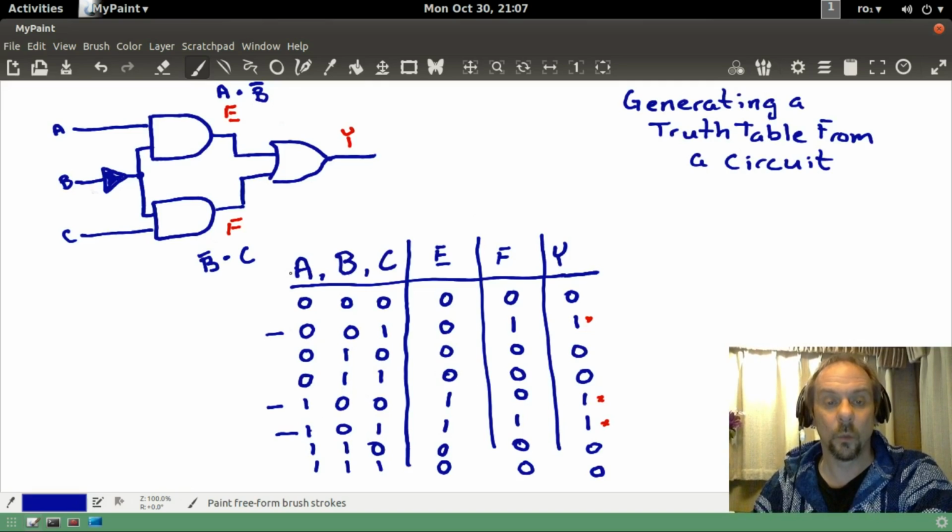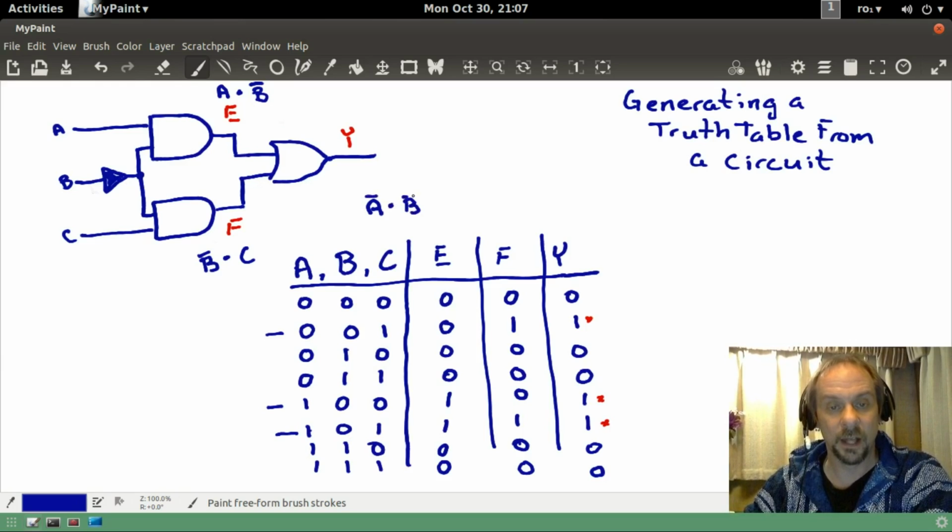So I'm going to take whatever the value of our inputs are for that line. On our first one, A is low, B is low, C is high. So there's our first one. Next, A is high, B is low, C is low.